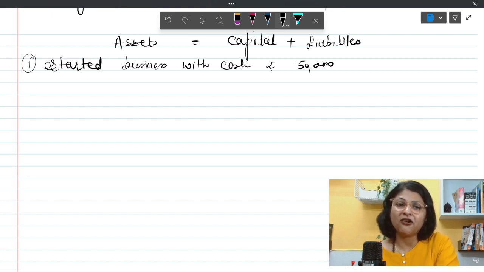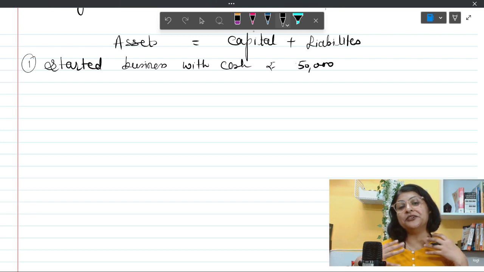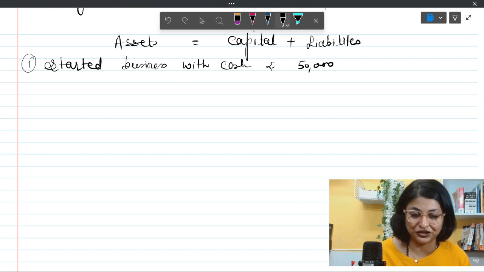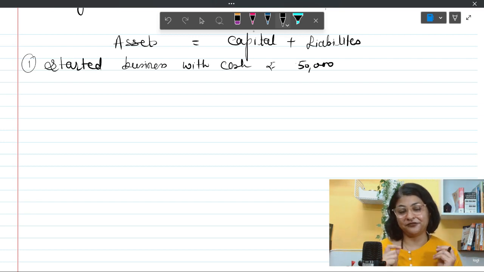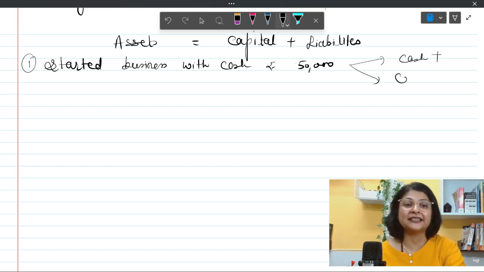So here what is happening and how are we going to deal with it under the accounting equation? One aspect of this transaction says that the cash is coming into the business. So cash is coming means cash will be added. And another aspect of this transaction says that we have generated an internal liability towards the owner. So capital is also going to be added.